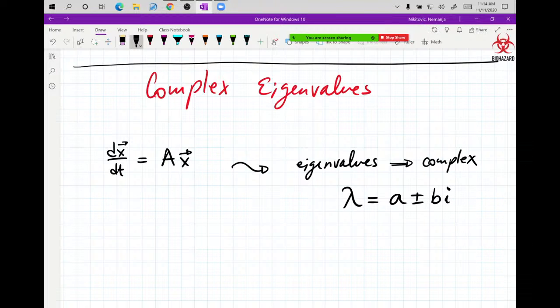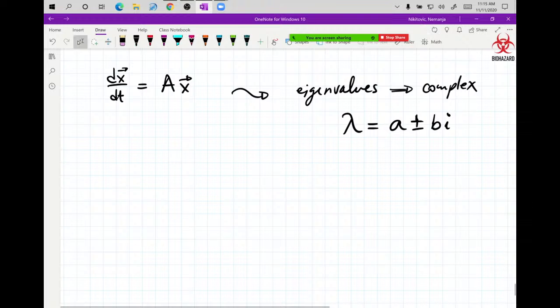Complex numbers like 2 plus 3i or 4 minus i, whatever you have there, and we still have our good old equation to solve. The eigenvectors could be a problem, but that's a separate issue, because we first want to know what the solution should look like.